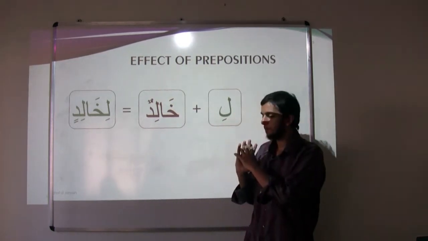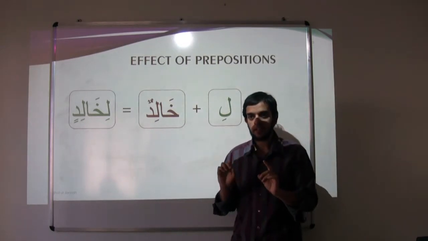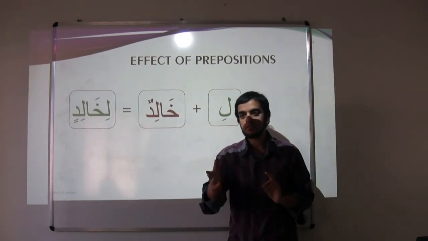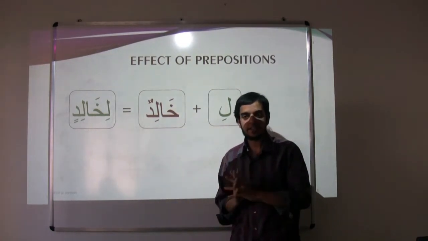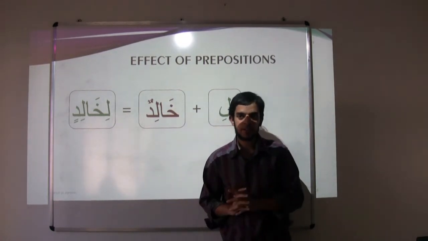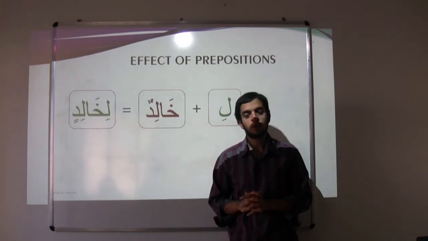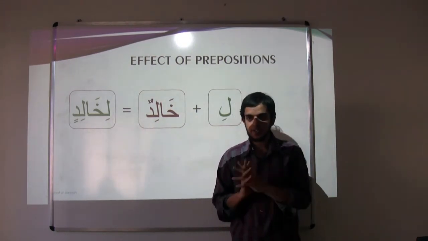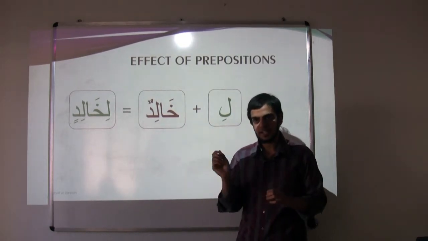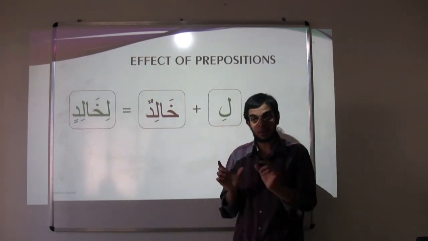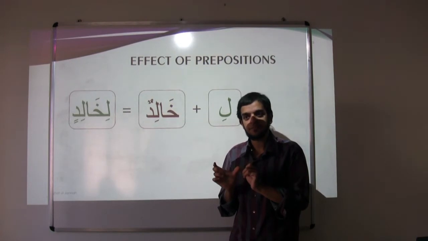When I say Kitabu Muhammadin, it means Muhammad's book. When I say Al Kitabu li Muhammadin, it means the book is for Muhammad, or belongs to Muhammad. So the point is that Al Kitabu li Muhammadin is a complete statement in itself.